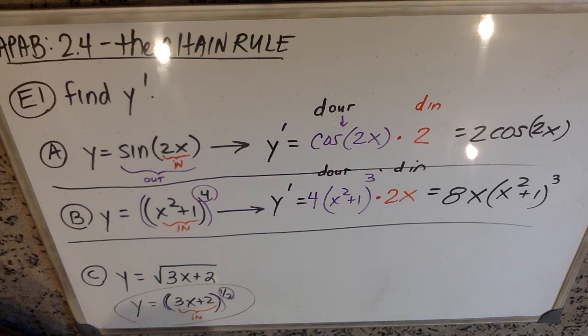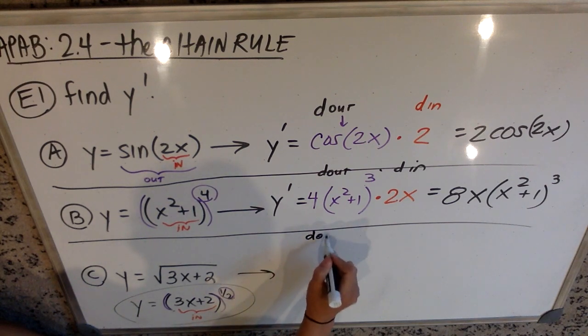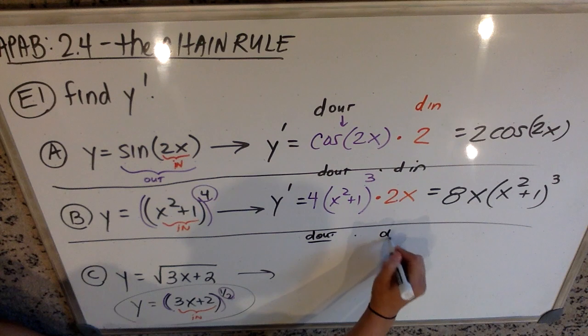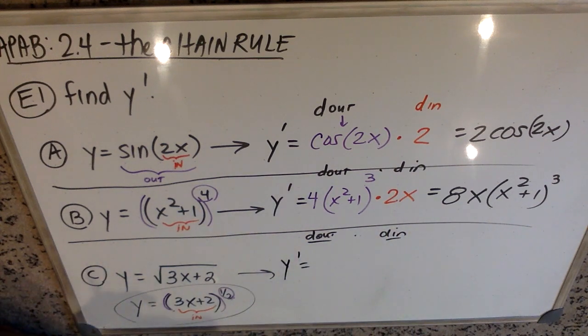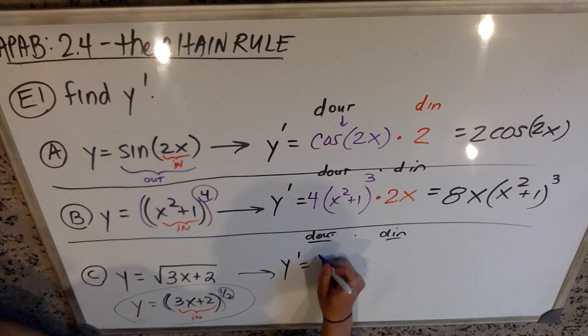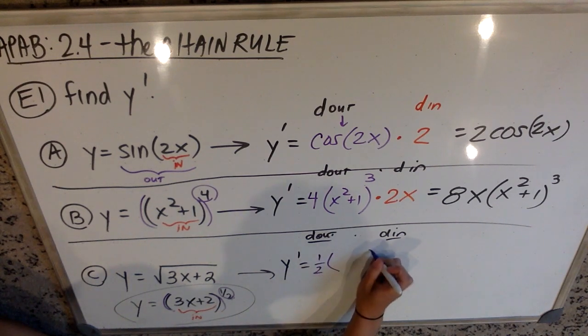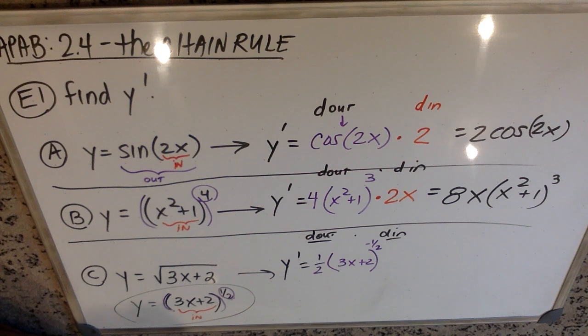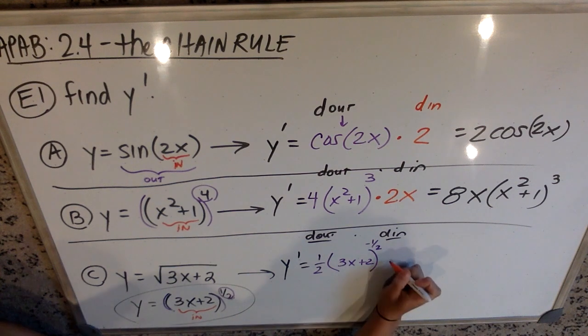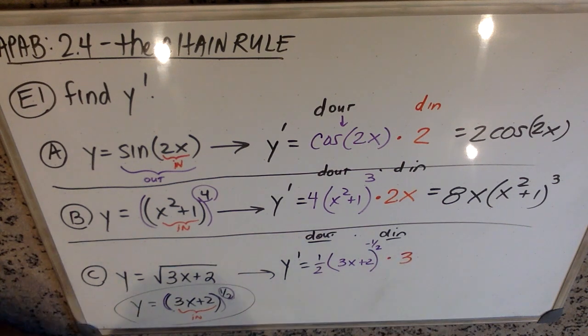So when I differentiate, my derivative of the outside, d out, times d in. d out times d in is not a mathy thing, it's just an easy way for me to write it. So the derivative of the outside is going to be, drop the 1/2 down in front, so 1/2 stuff to the negative 1/2, and that stuff would be 3x plus 2, because I'm not changing the inside stuff, times the derivative of the inside, which is going to be a 3.